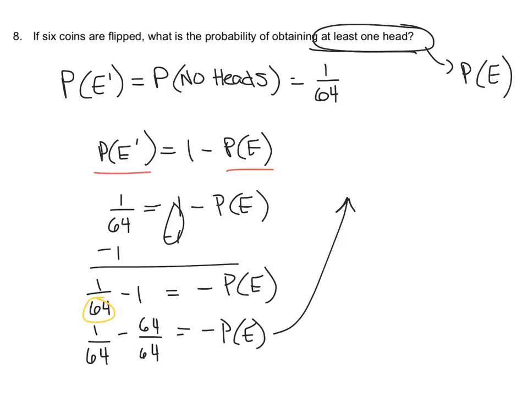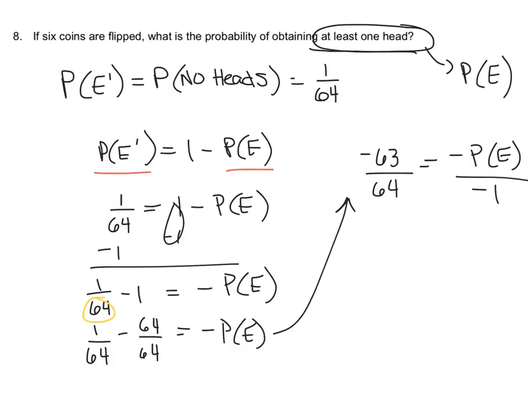Now that I have the two fractions with the same denominator, I can just keep the denominator on the bottom and then subtract the numerators. So 1 minus 64 is a negative 63, and that equals the negative of the probability of E. Now, I don't want a negative probability, I want a positive probability, so I'm going to divide both sides by negative 1.